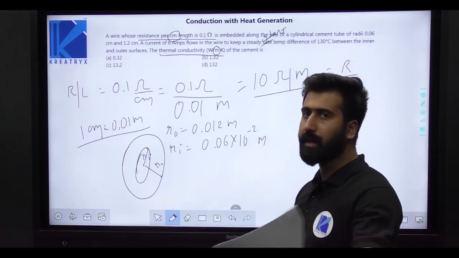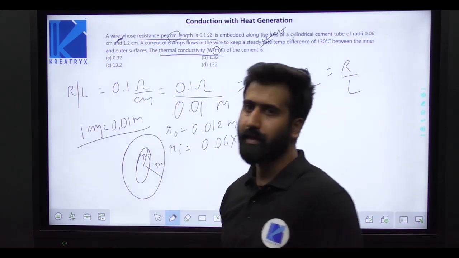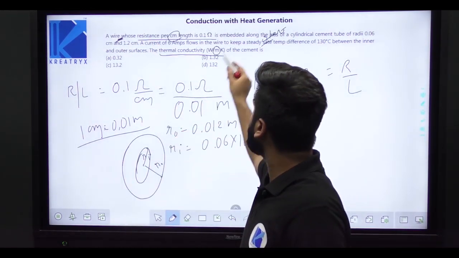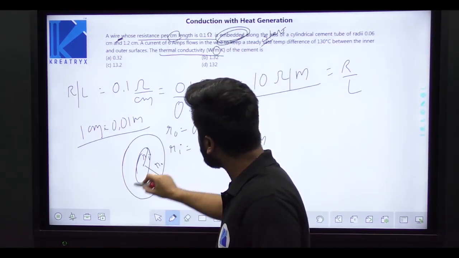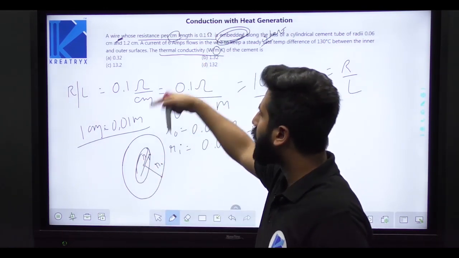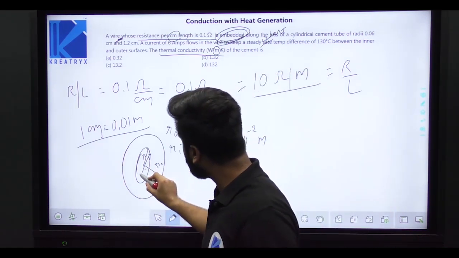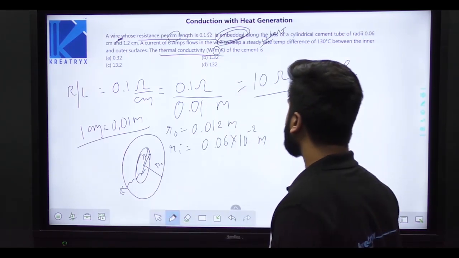Can I say that the heat generated by this wire, when it is embedded along the axis of the cylinder, will actually be the heat conducted through this cylindrical shell? This was the concept.